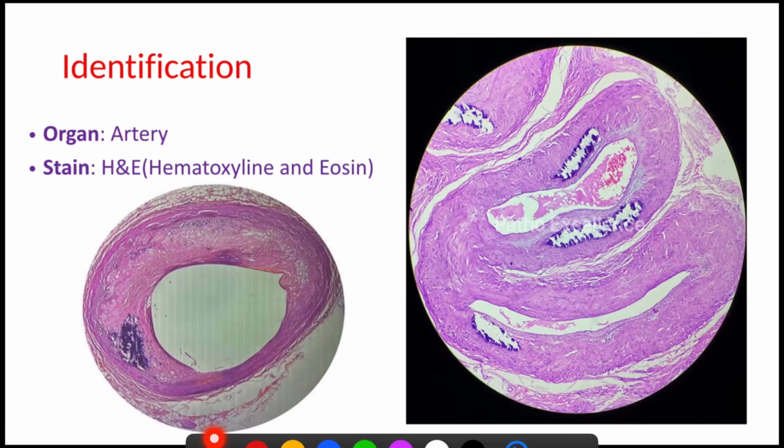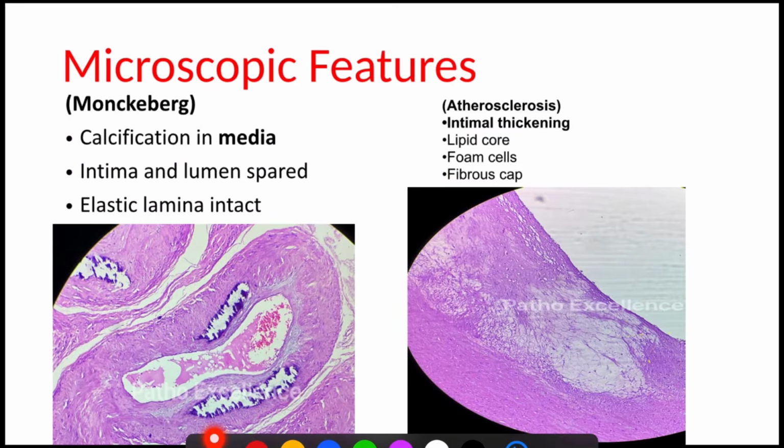So generally, when you see artery, either coronary artery or this is the section from the uterus. So these are uterine wall showing muscular arteries. So here the intima is showing calcification, here it is media.